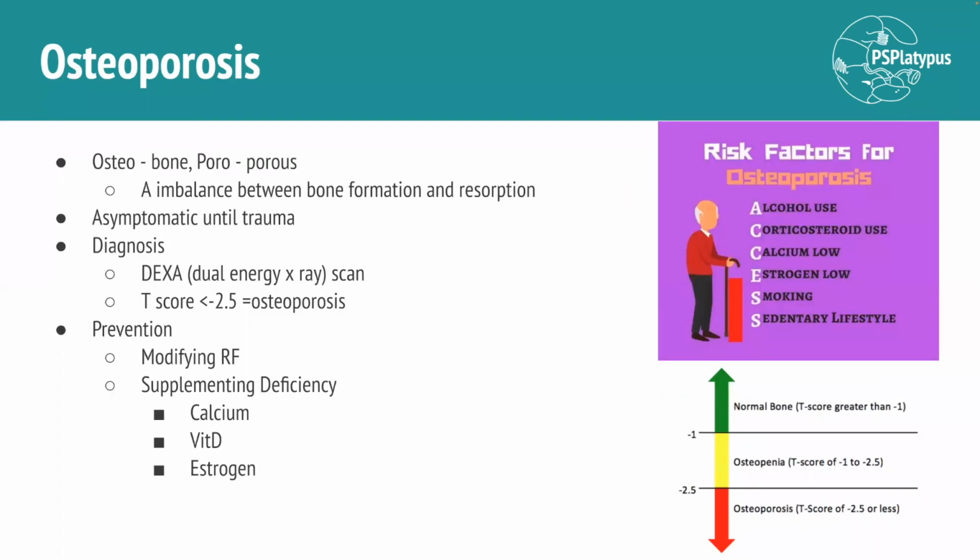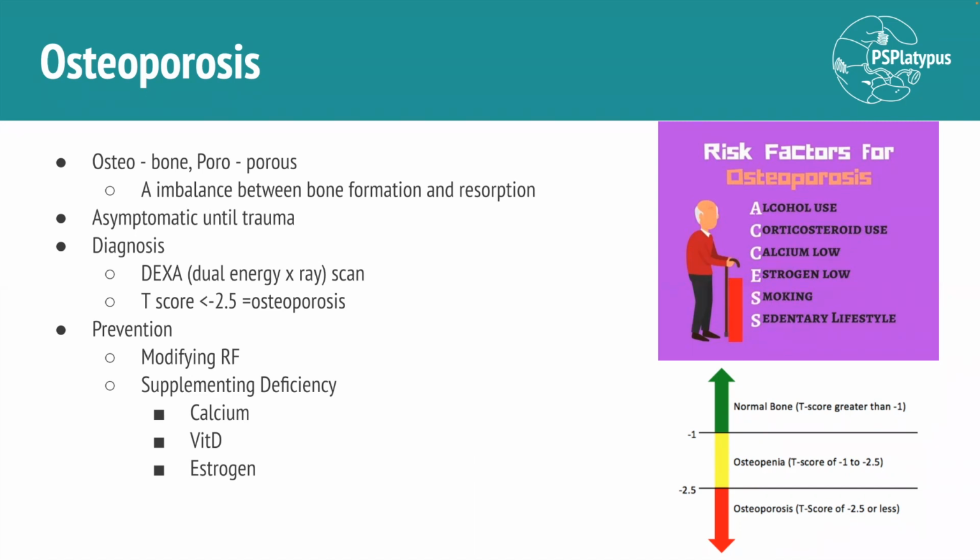Now we'll look at osteoporosis. Osteoporosis is a condition caused by the imbalance between bone formation and resorption, which is therefore indicative of an imbalance between the hormones at play that we noted in the previous slides, those that control osteoclast formation, as well as those that increase osteoblast activity.